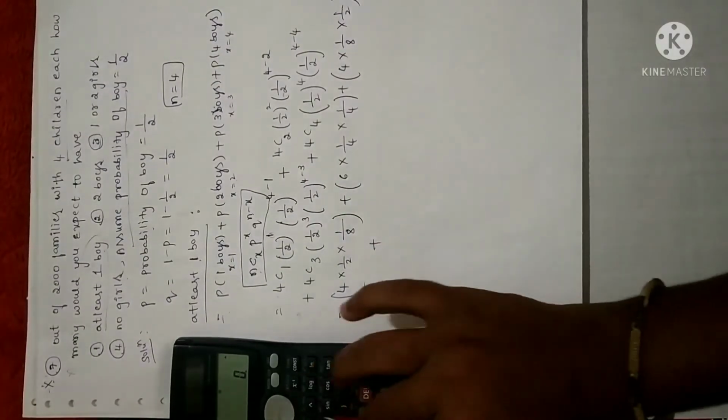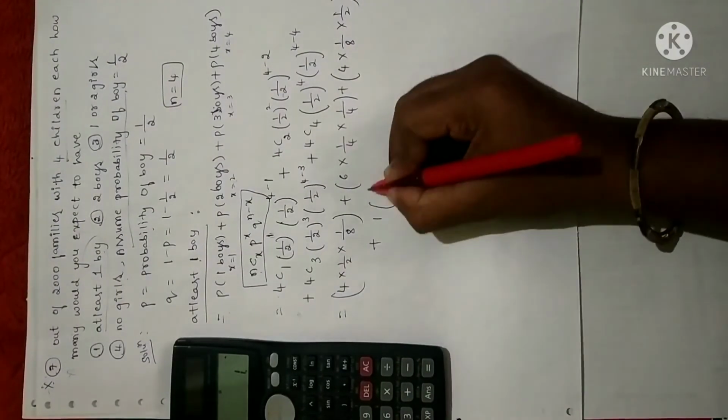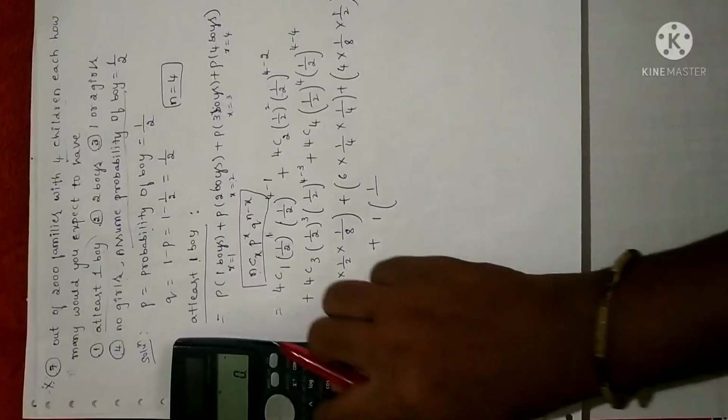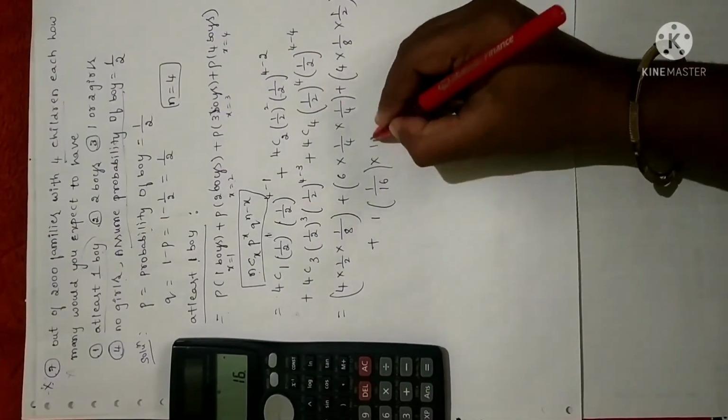Next 4C4 is 1, again what is the value of 1 by 2 power of 4? It is 1 divided by 16, into 4 minus 4 is 0, so you will get 1 only.